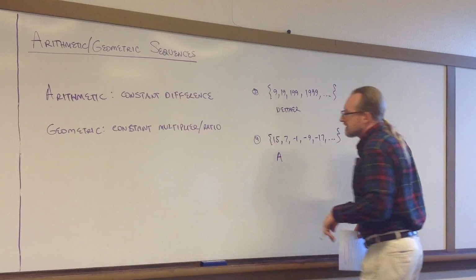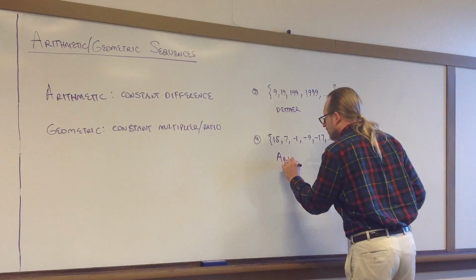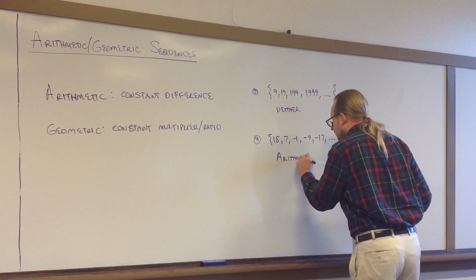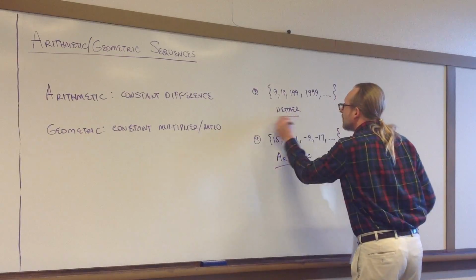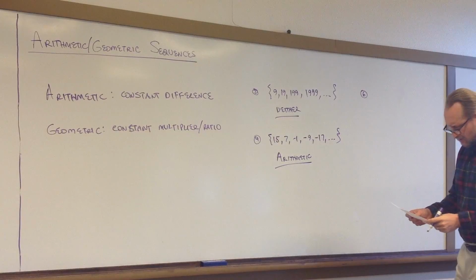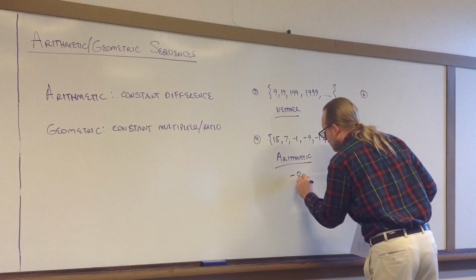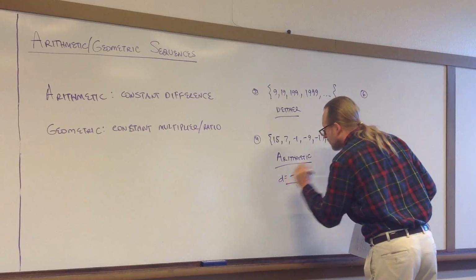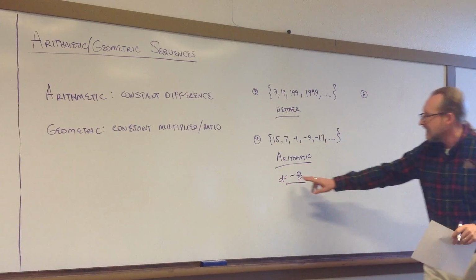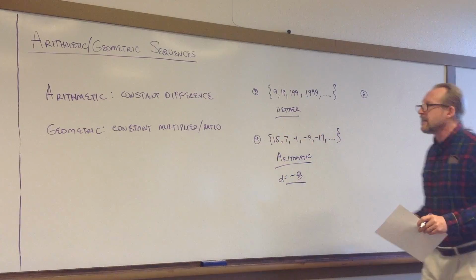So this has a constant difference of negative 8, or 8 depending on how you want to look at it. So it is an arithmetic sequence. And the constant difference there is negative 8. That makes a difference to have that negative in there, because that indicates that it's decreasing rather than adding 8 every time.